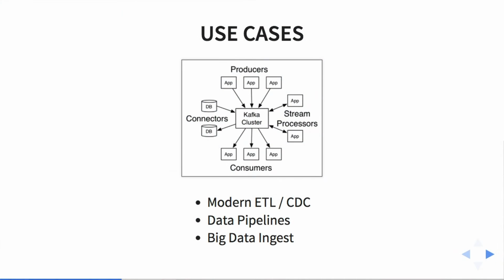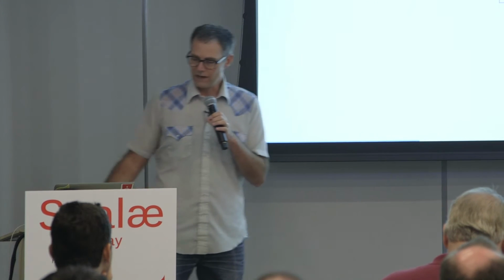We also see Kafka being used quite a bit for big data ingest. This could be IoT devices, this could be interaction events, all sorts of different things. When we've got tons of data coming in, Kafka can provide a buffer for handling those events. Okay, so that's kind of our background.